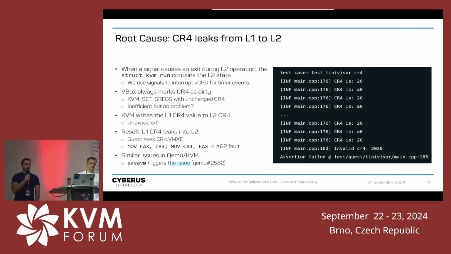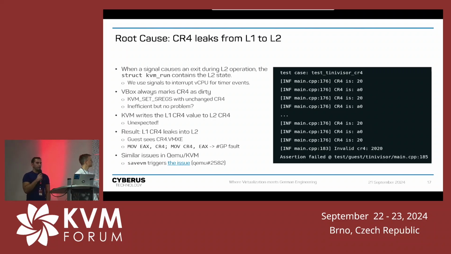What we've done is that we use signals to interrupt the level 2 and level 1 hypervisor to deliver timing events and device interrupts and something else. And what we found is that after some exit, which is caused when the level 2 guest is run, the KVM run struct contains the level 2 state.